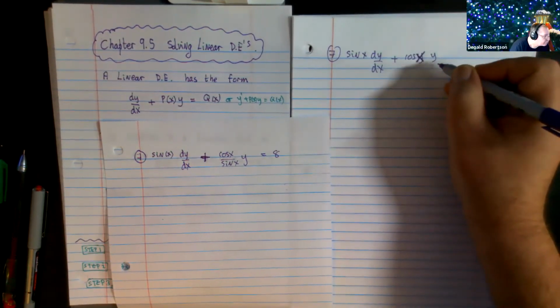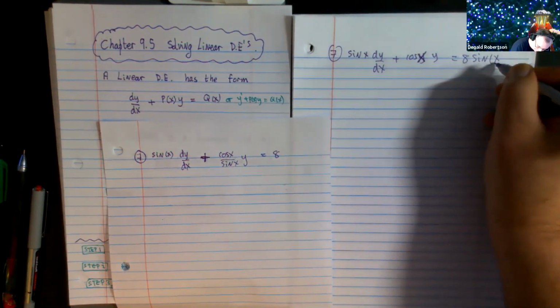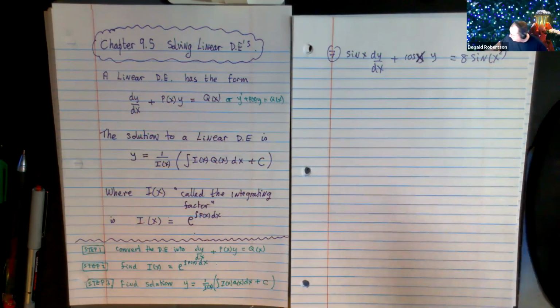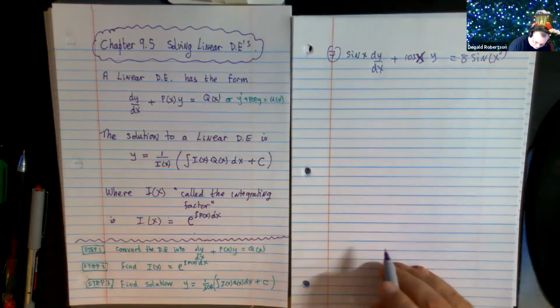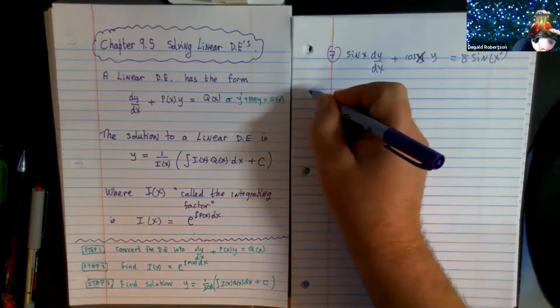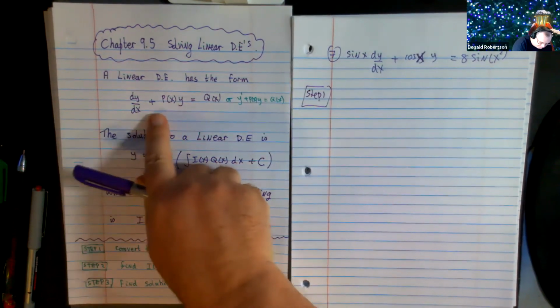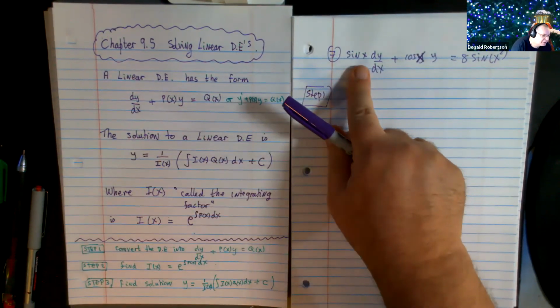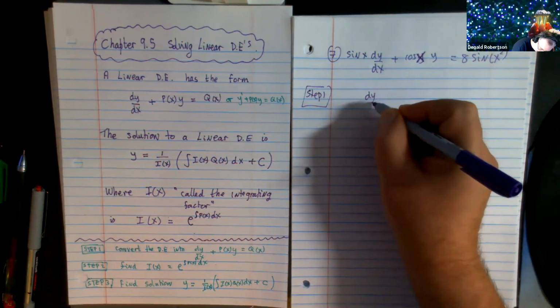It says cos xy. That's not good. Agreed? That's not good. Okay, it's not ready yet. It needs to be written in its proper form. That sin x has to leave the building, which is kind of where my earlier mistake came from.